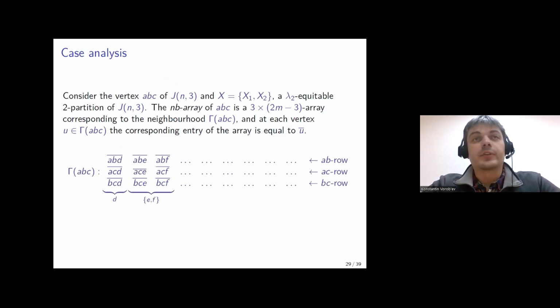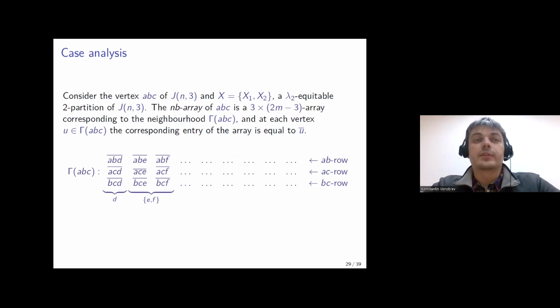Okay, so let us consider the so-called NB array. Again, we have a vertex of a partition, which is a lambda 2 equitable 2-partition. Then we consider the neighborhood of our vertex ABC, and the corresponding entry of each vertex in this neighborhood is equal to this vertex overlined.